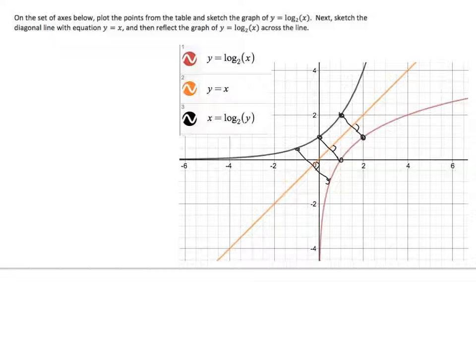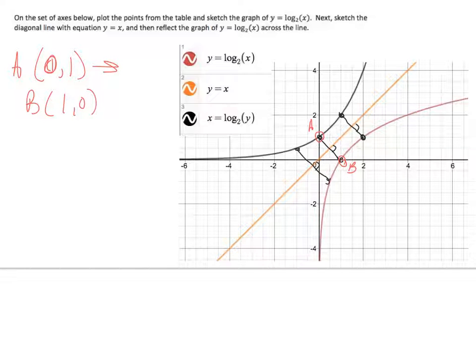Just like the previous example, I can take points like A and B. A is ordered pair 0, 1. B is reflected over the diagonal and is going to be point 1, 0. C and D. C is ordered pair 1, 2.